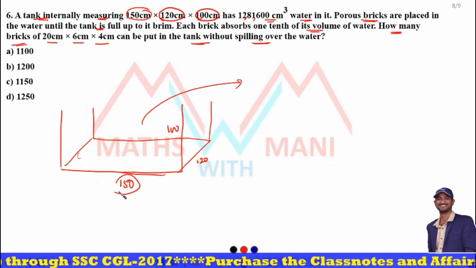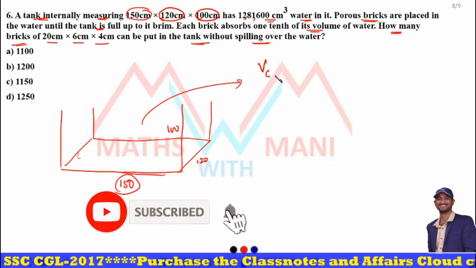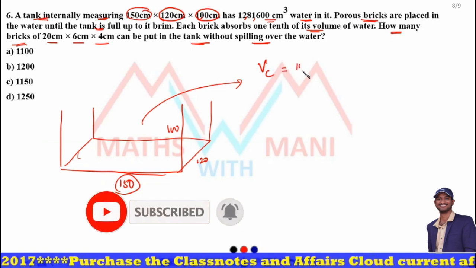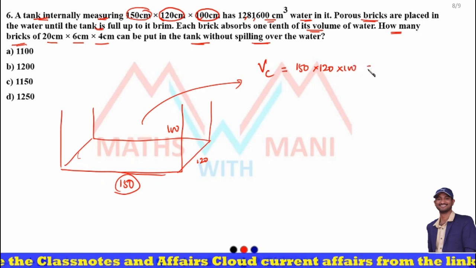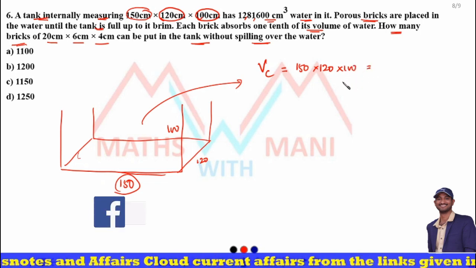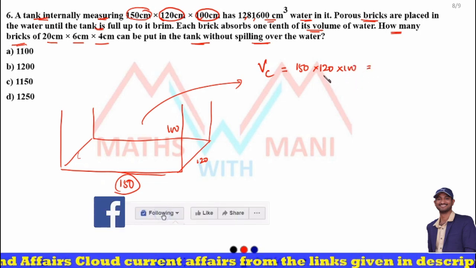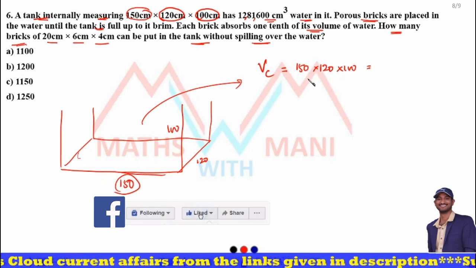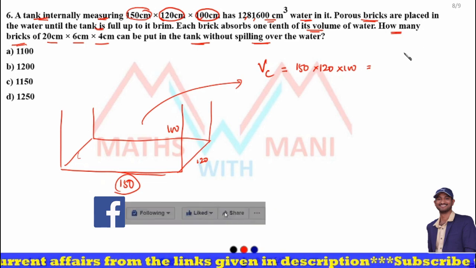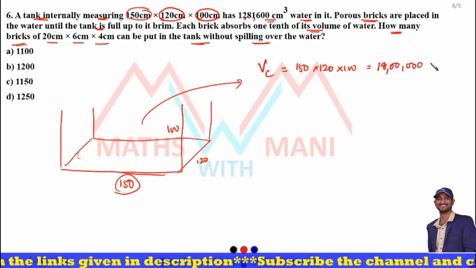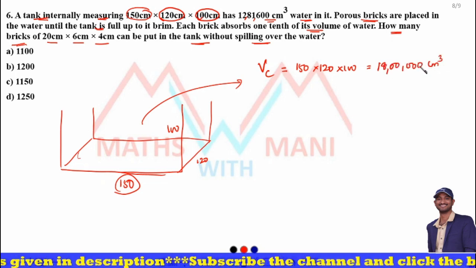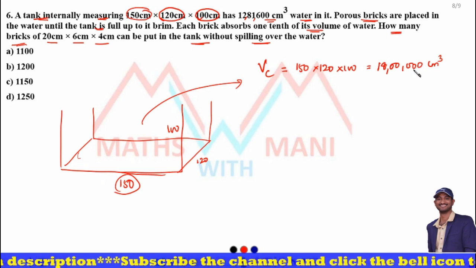With the dimensions L, B, H, what is the volume of the cuboid? LBH, yes. So 150 into 120 into 100. This is the total capacity or the total volume of this cuboidal tank. So 12 into 15, that is 180. So finally I can get 18 lakhs. Yes or no? 18 lakh centimeter cube.